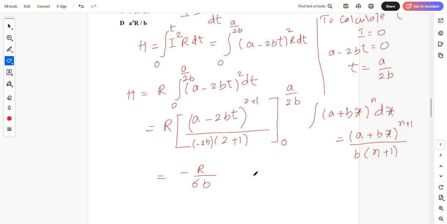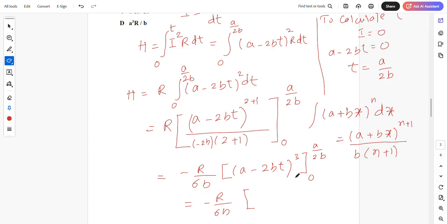Now here I can write this one as (a minus 2bt) to the power of 3, limits of integration 0 to a by 2b, right? That is equal to minus R by 6b ಆಗುತ್ತೆ ಇದು, into upper limit.